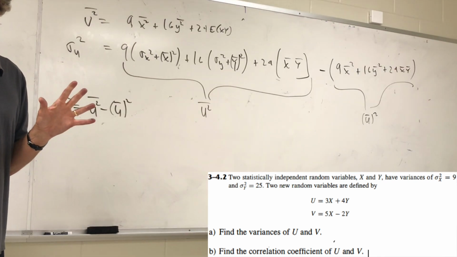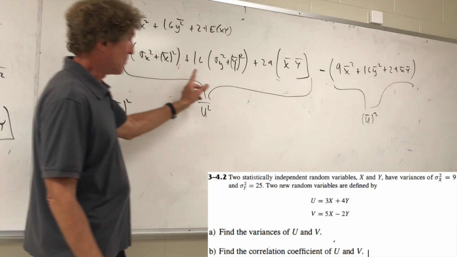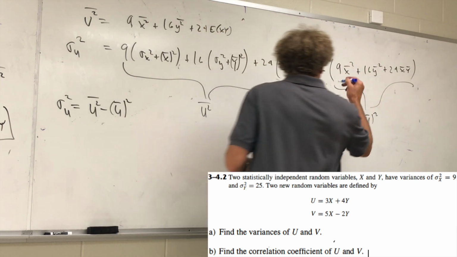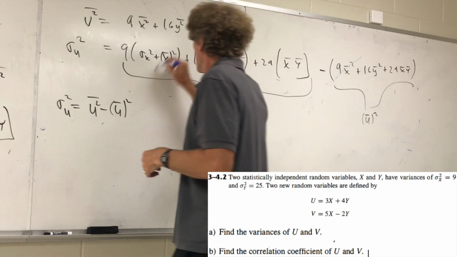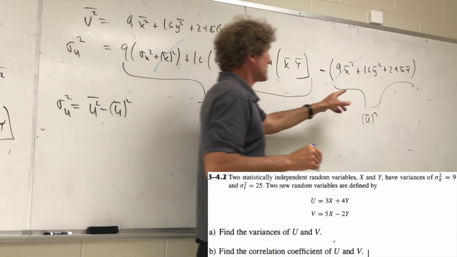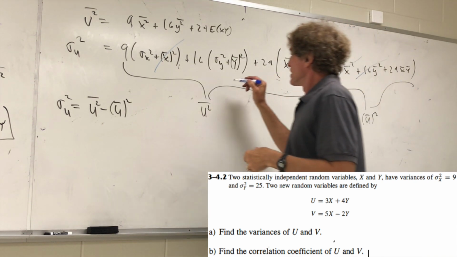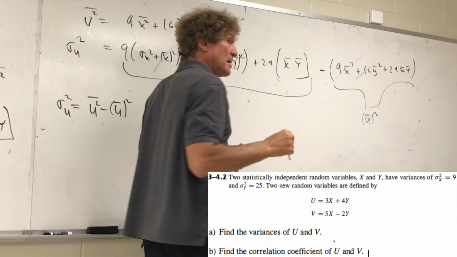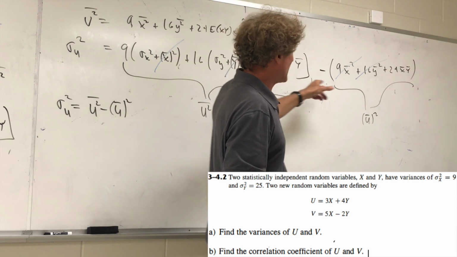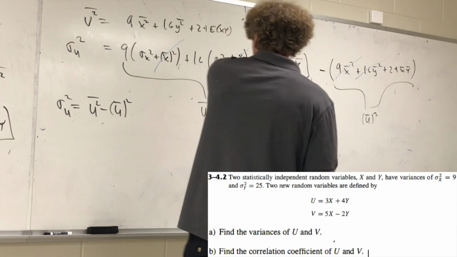You're going to see the cancellation is perfect. I got 9x bar squared minus 9x bar squared. Gone. I have 16 minus 16y bar squared. Gone. Agreed? I have 24x bar y bar minus 24x bar y bar, right? Gone. What am I left with?